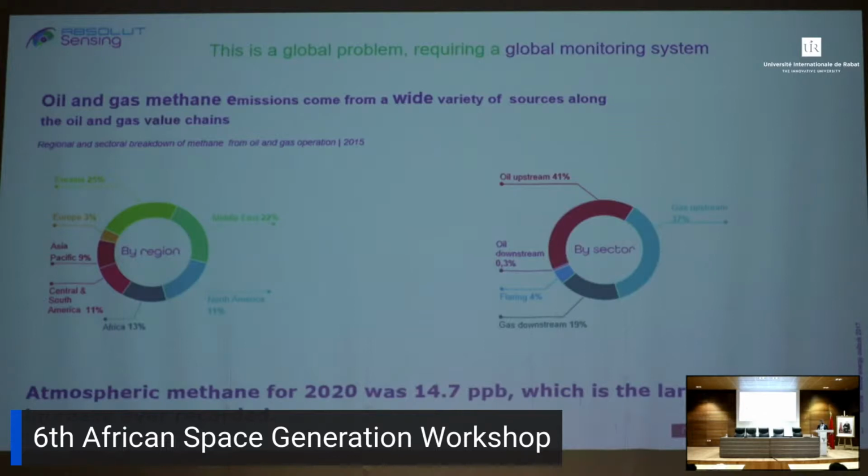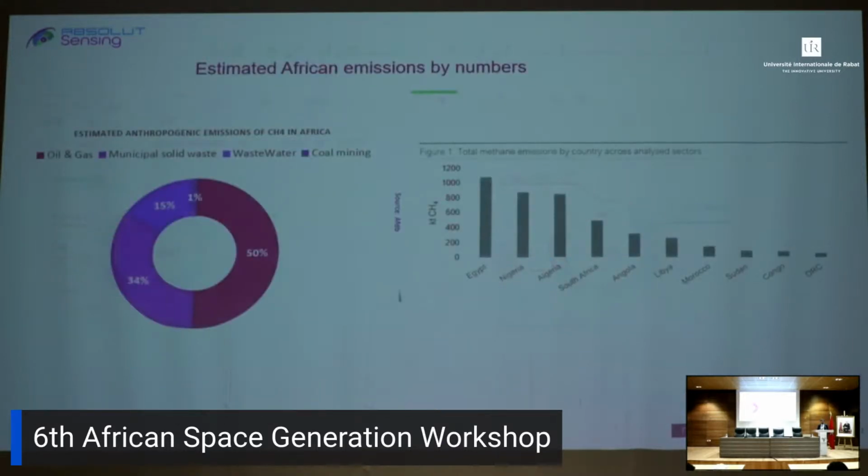So typically when a problem is worldwide, satellite is a good thing because you get coverage with satellite. However, traditional satellites haven't been designed for local greenhouse gas detection, and so this is what essentially we want to tackle.